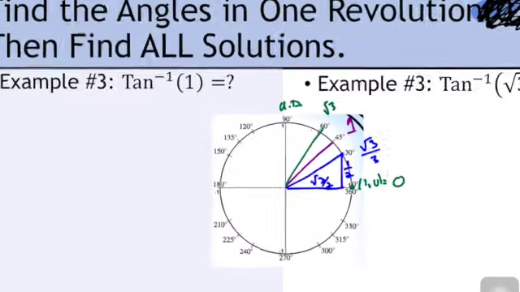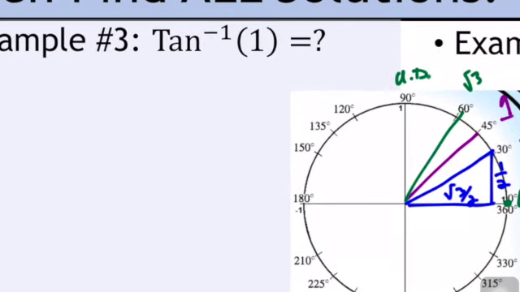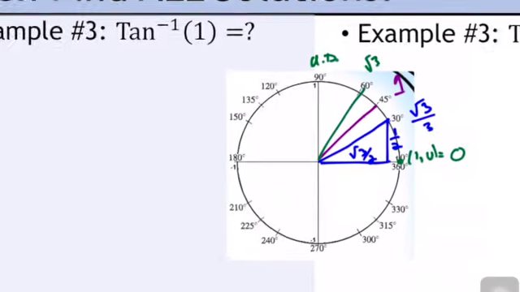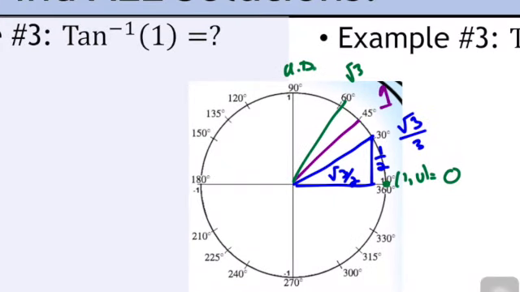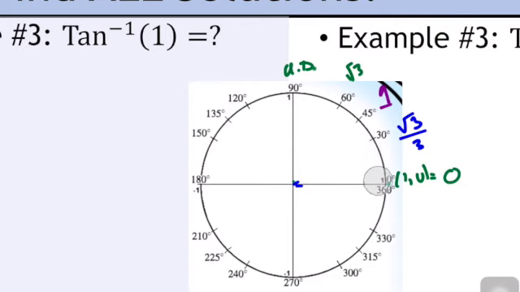Okay, so tangent inverse of 1. First of all, where is tangent positive? Tangent is positive in quadrant 1, right? Tangent's positive in quadrant 1, so it's all students take, and we're positive in quadrant 3.